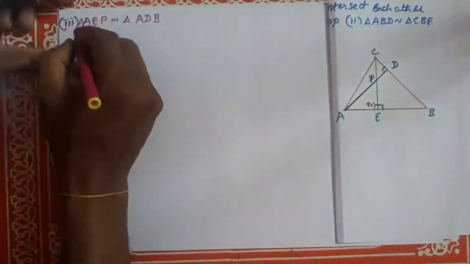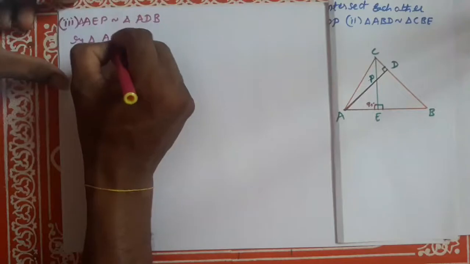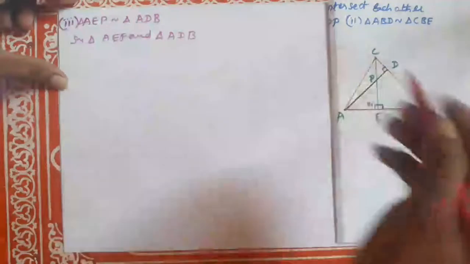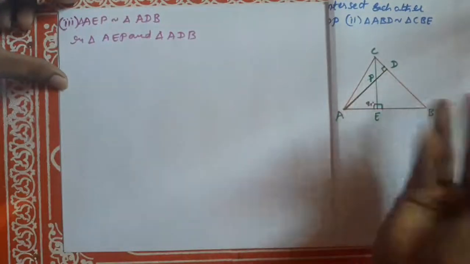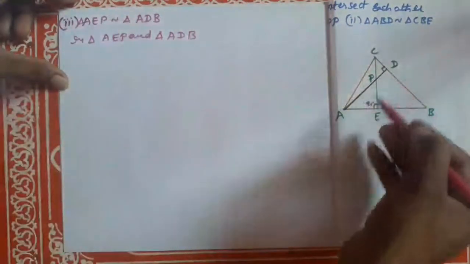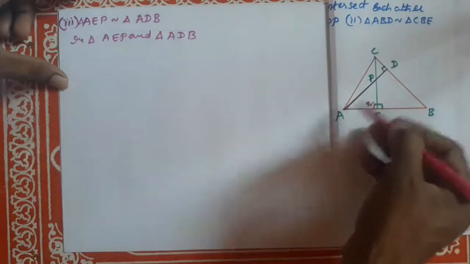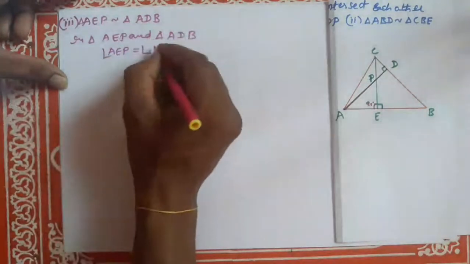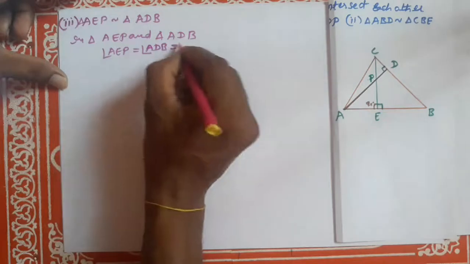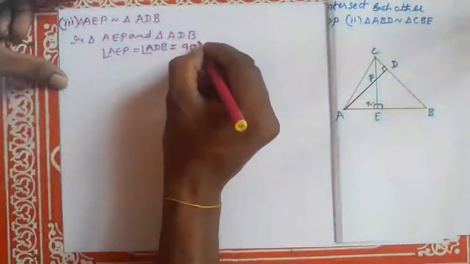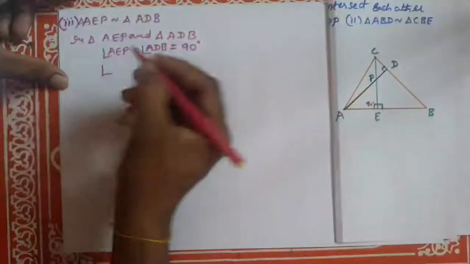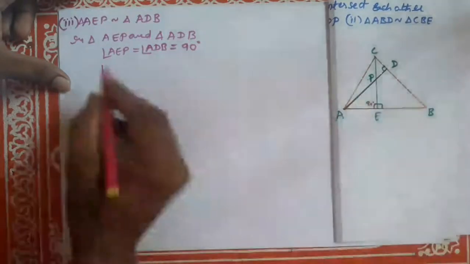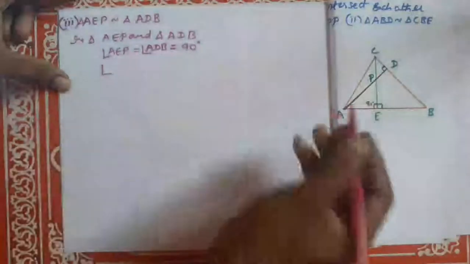In triangle AEP and triangle ADB, angle AEP is equal to angle ADB, each 90 degrees.